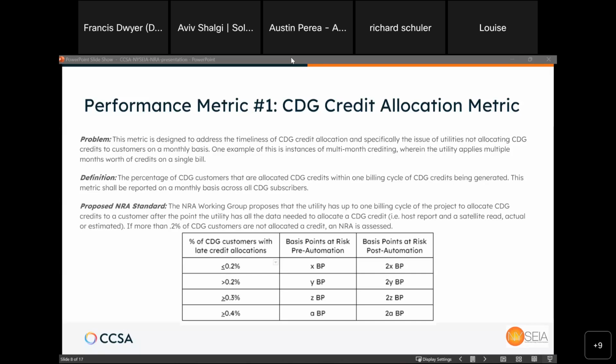Our assumption is that post-automation, and after we flush things out, everybody together, this should be technically instantaneous. The moment that the host meter is being read, let's assume this is ongoing, not PTO. You already have an allocation file, doesn't matter when it was submitted. You have a meter read. There should not be any delay.